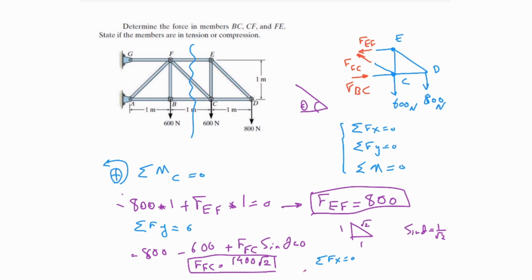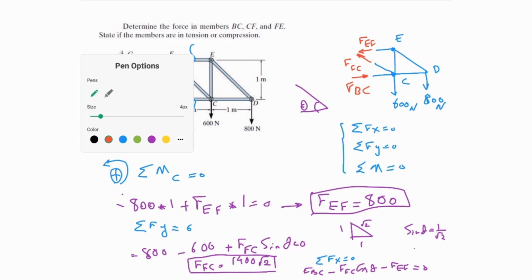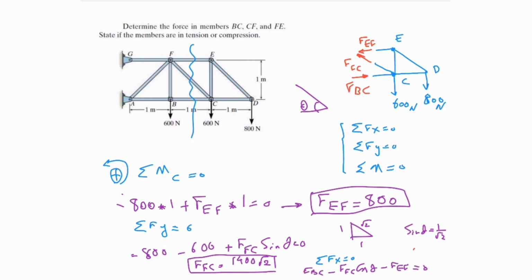I have FBC minus FFC cos theta, and minus FEF equal to 0. And if we do this thing together, what I would have is like this.